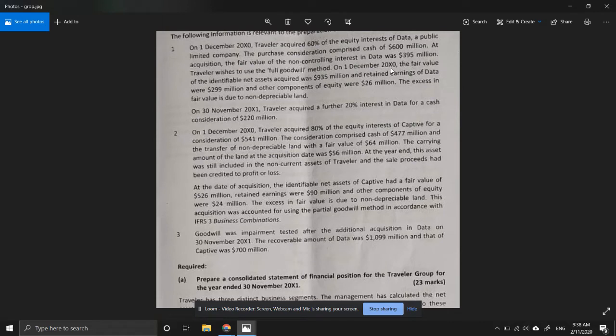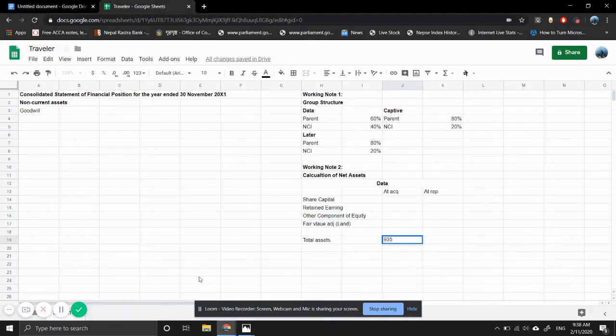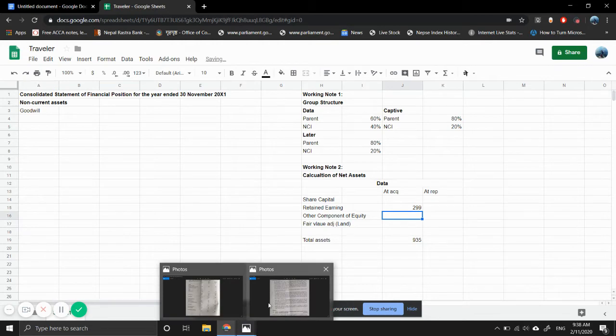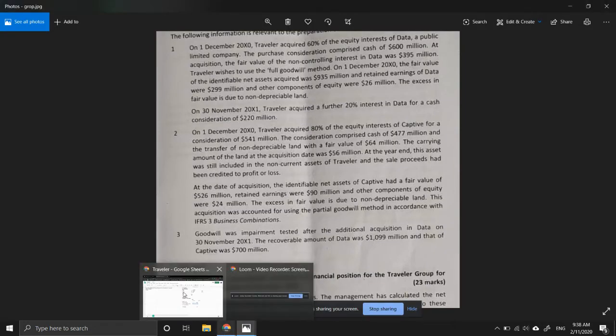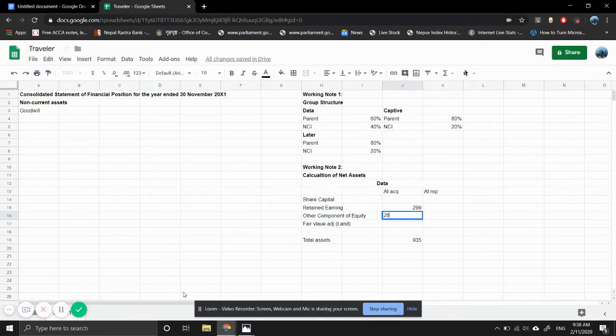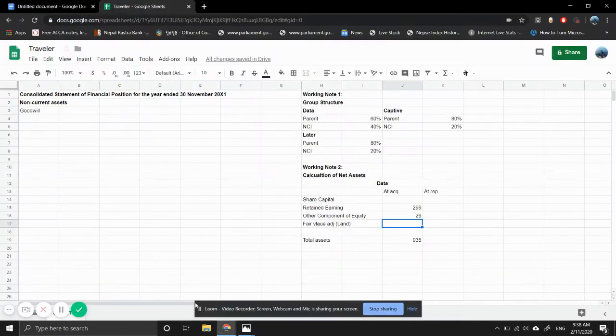So the net identifiable assets 935,299 is retained earning 935,299. Other component of equity 26. Share capital, we can get it from here, right? So 600 and 390 for the other.